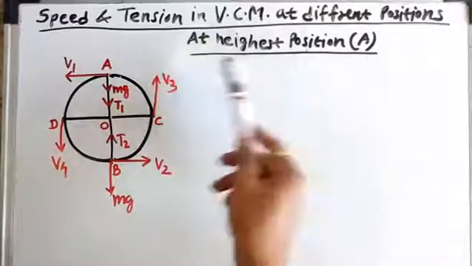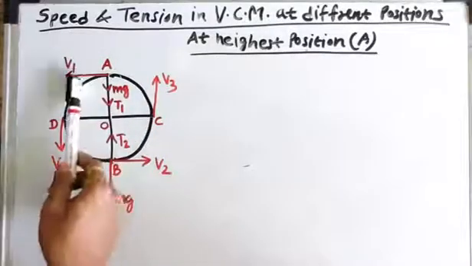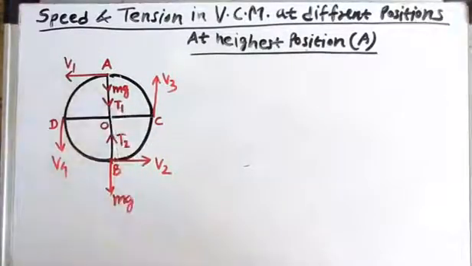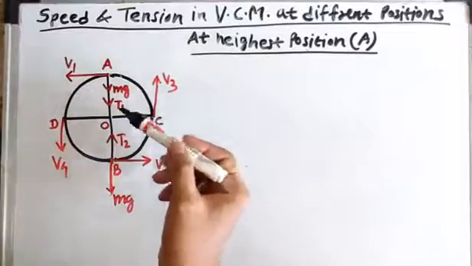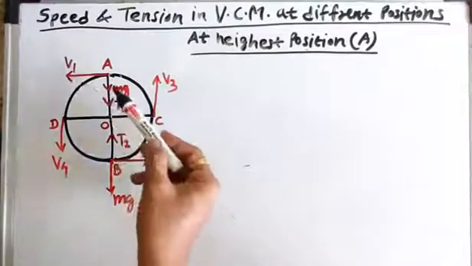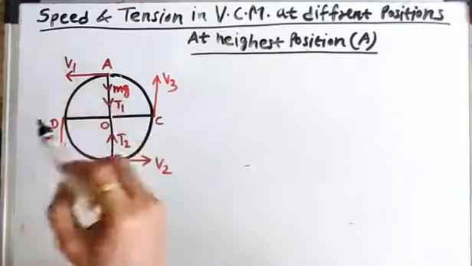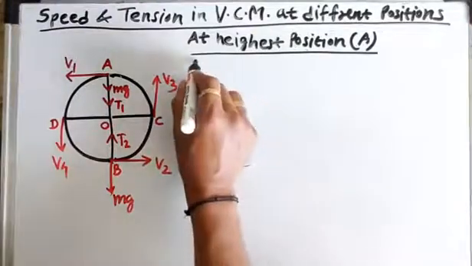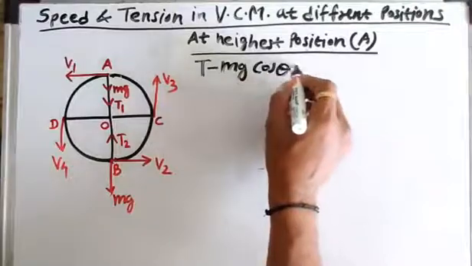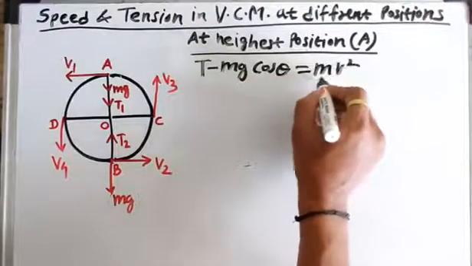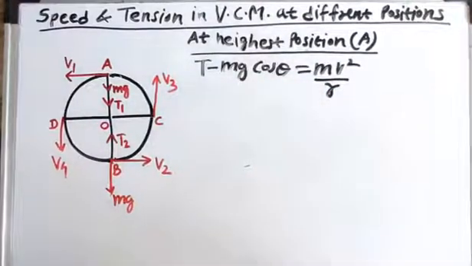Now at the highest position A, we have assumed V1 is the linear speed and T1 is the tension in the string. We know that the resultant force acting on a particle performing vertical circular motion at any position is given by the equation T minus mg cos theta equals mv square upon r.